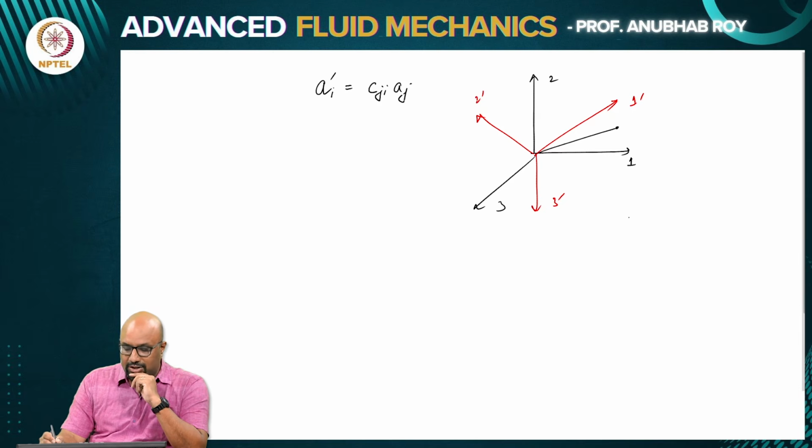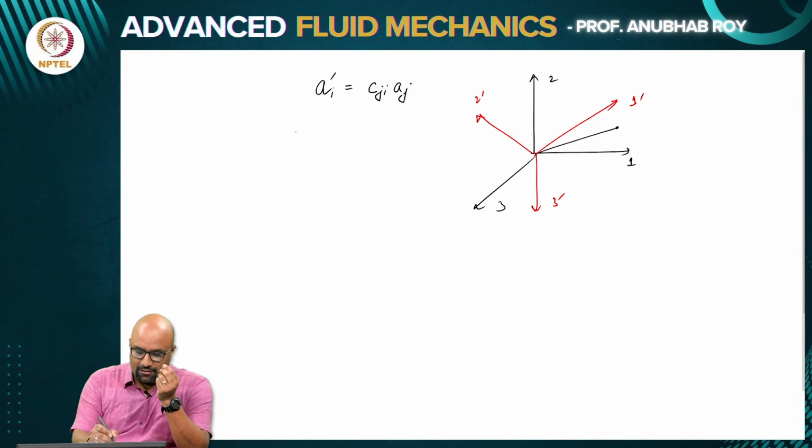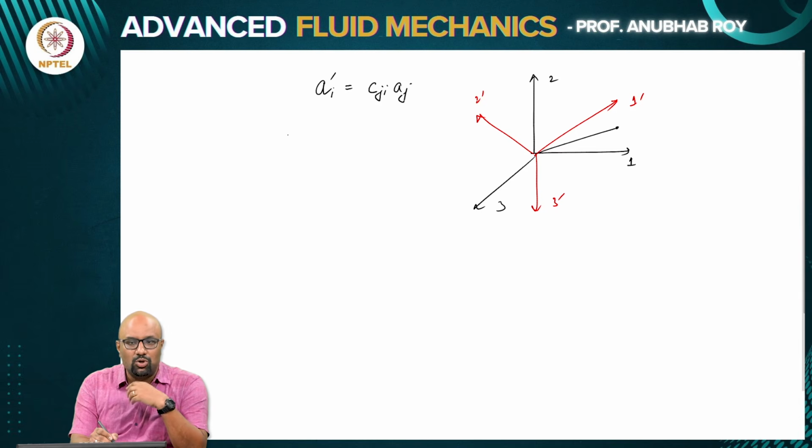Now the question is, will the components of a vector change under coordinate transformation? Let us say I did the same thing as I said earlier, that I chose a corner of the room and I am trying to find out the velocity vector or the position vector at a particular location. Now, that obviously matters, because if I write down the component of the position vector or the velocity vector at a particular location, it does change as you change coordinates. So, with coordinate transformation it is going to change.